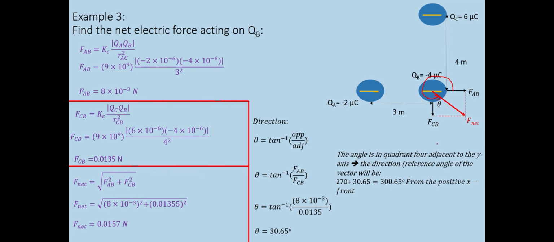Or you can do the other angle. You can find this angle, and then the direction will be the whole thing, which is 360 degrees minus this angle. You will get the same exact answer.